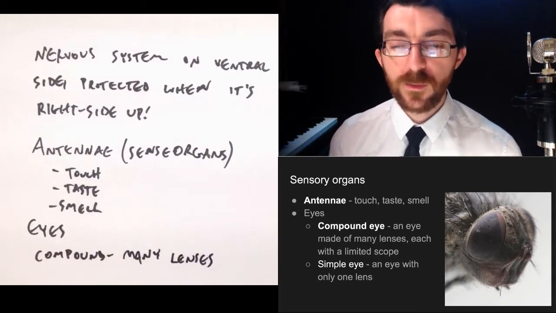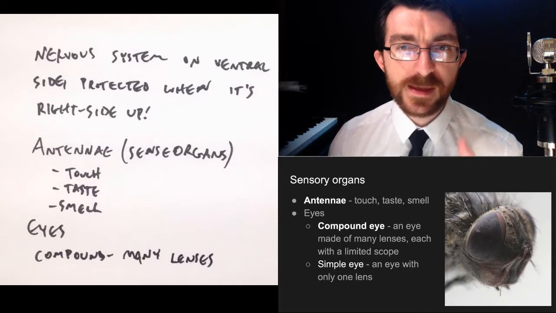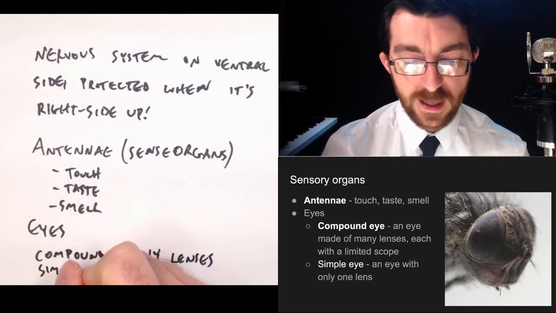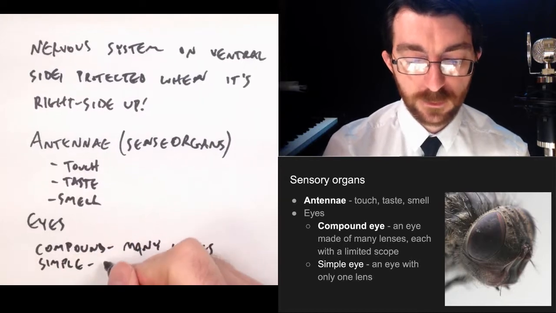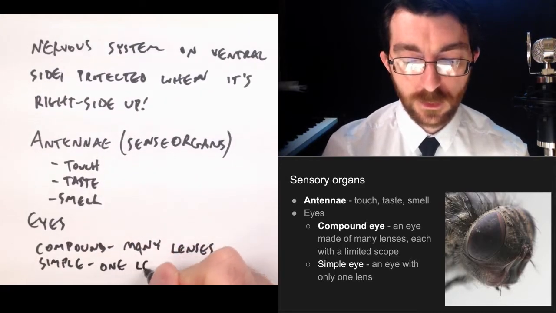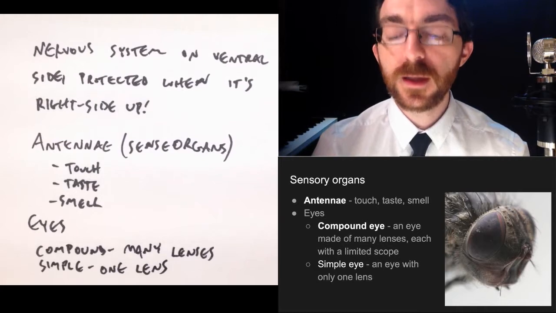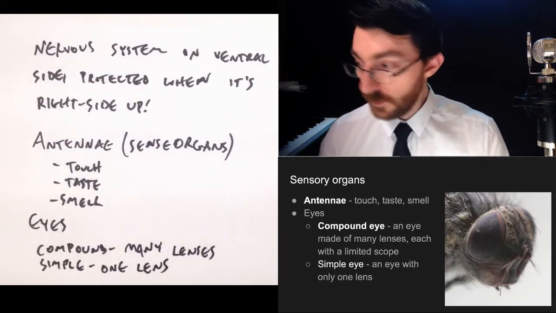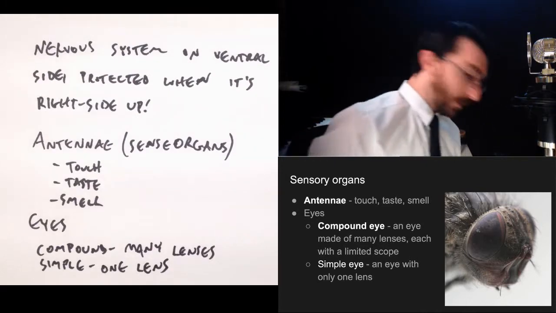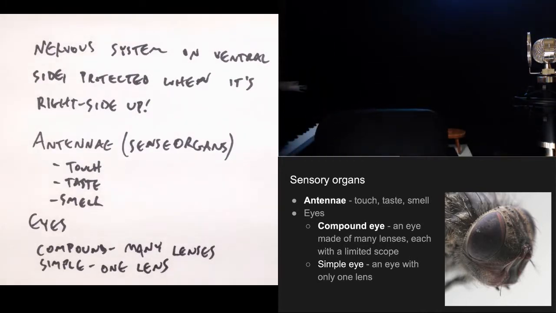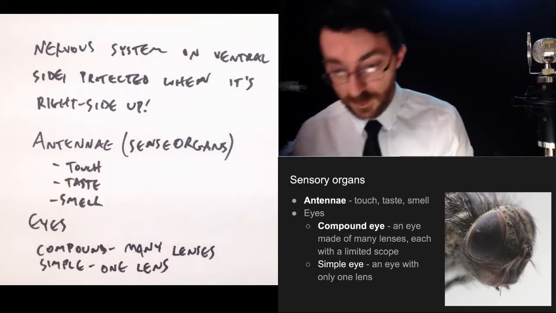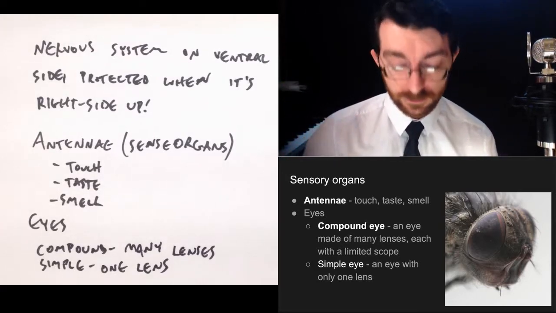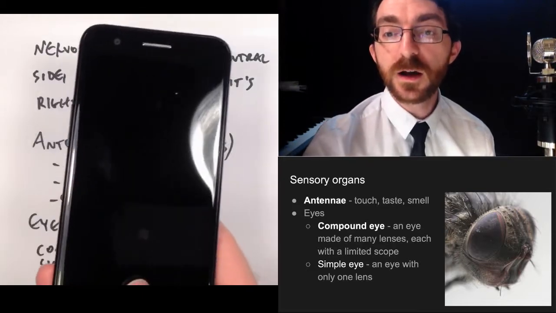Okay. What do I mean when I say many lenses? Well, it might be easier to first answer what is a simple eye, if it only has one lens. So, let me just grab something for you to look at. All right, so most of us have cameras of some kind available to us, and here's just my phone.